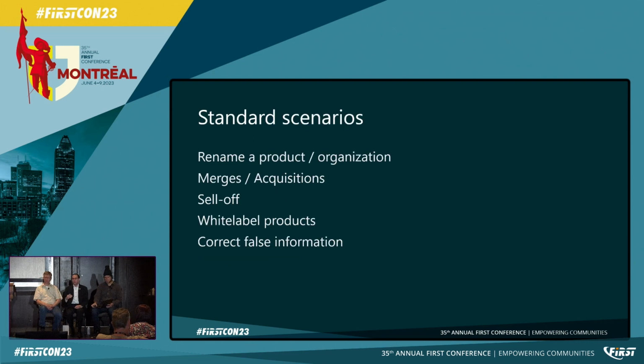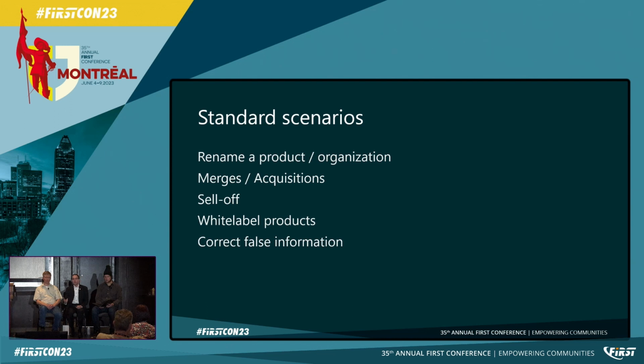And when my colleagues present their solutions, you should think about those standard scenarios and how they apply here. What if I want to rename a product or an organization? How do we deal in such situations with mergers and acquisitions, or sell-offs? What if I have a white label product?